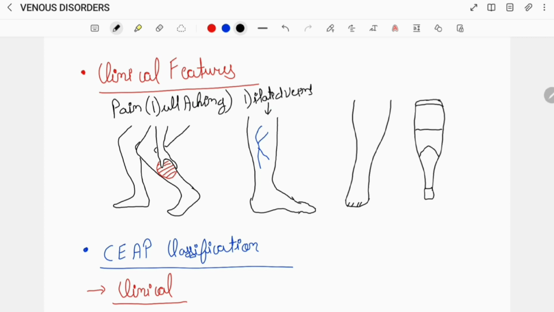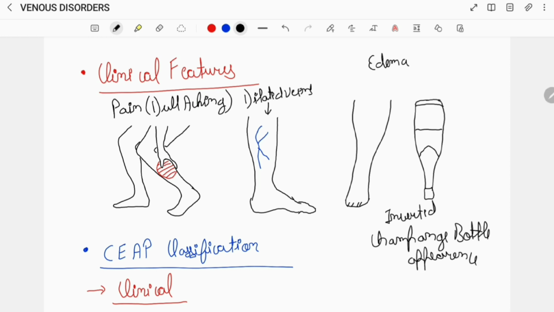One peculiar thing is that there may be edema, and that would give a specific appearance known as the inverted champagne bottle appearance. As you can see in this diagram, this leg due to edema looks like an inverted champagne bottle.